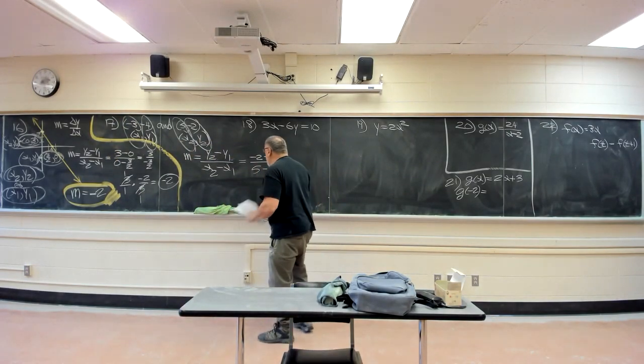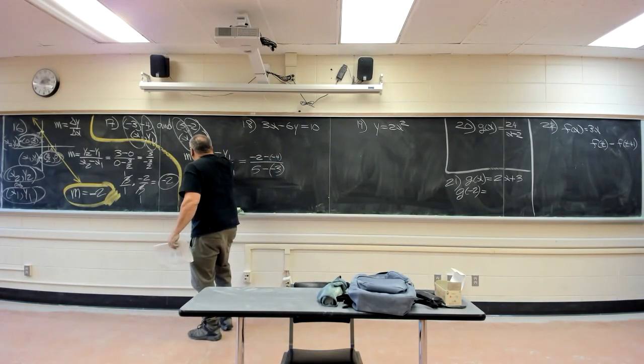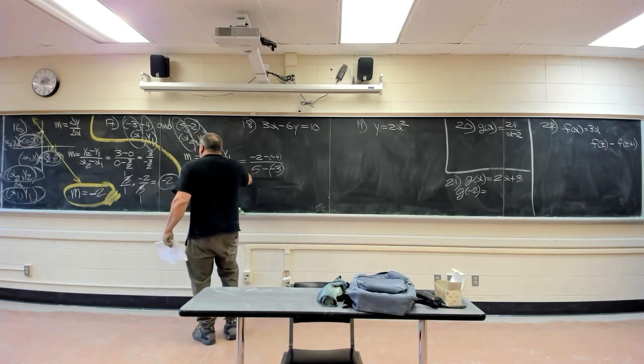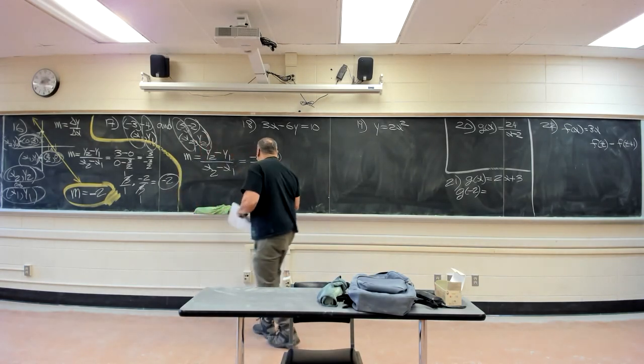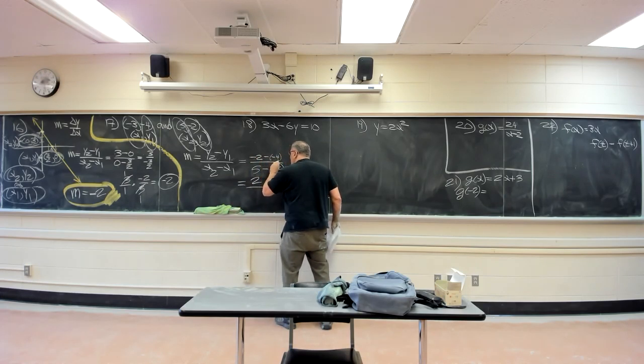Let's make sure we got that right. Y sub 2 is negative 2. Y sub 1 is negative 4. X sub 2 is 5. X sub 1 is negative 3. Looks pretty good to me. Plus 4. Minus a minus is plus. You got plus 4 and a negative 2. That's 2. Minus a minus is plus. 5 and 3 is 8.